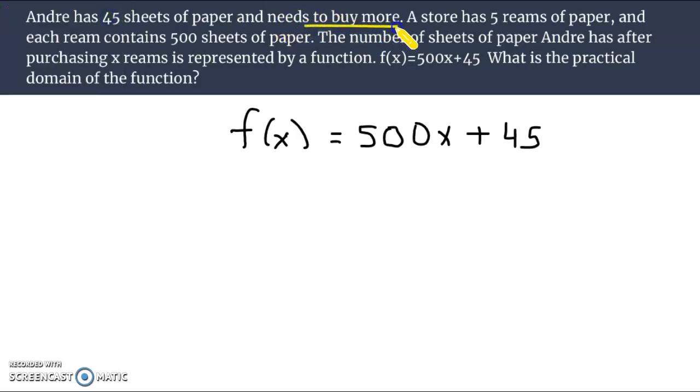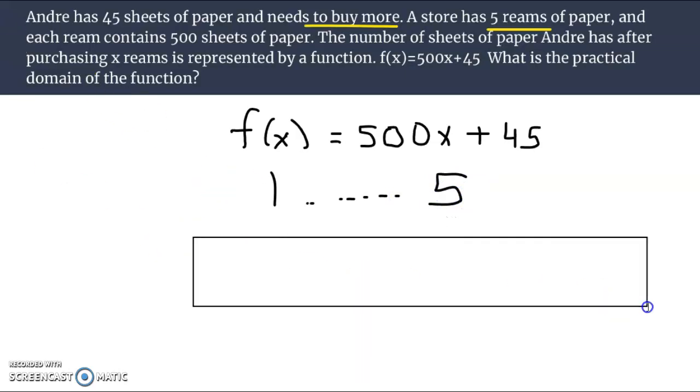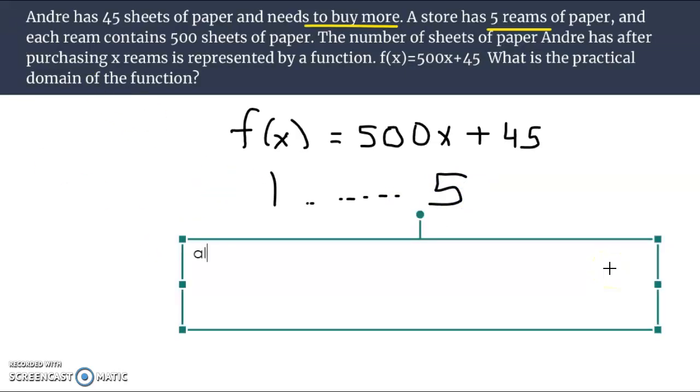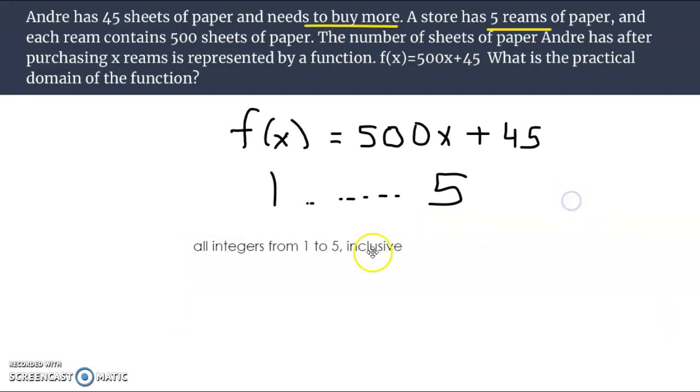It has to be at least 1 ream. But the store only has 5. So the interval we can use is from 1 to 5. And since we can't have half of a ream, we're going to say all integers from 1 to 5, inclusive again, meaning 1 and 5 could be included in that set.